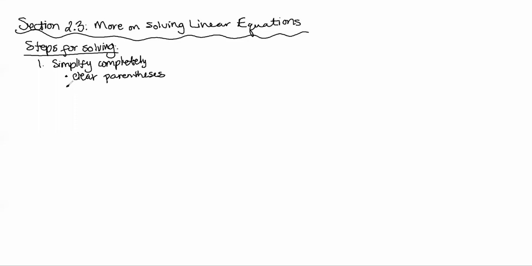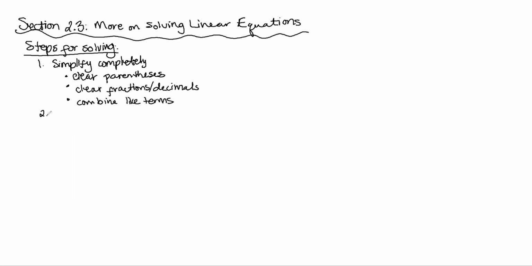Second, and this is one thing we'll see today that we haven't seen before, is to clear any fractions or decimals. This is because sometimes you'll have equations that have a bunch of fractions or decimals in them, and instead of having to do all of the arithmetic with the fractions or decimals, we can just get rid of them. Once you've done that, we can combine like terms.